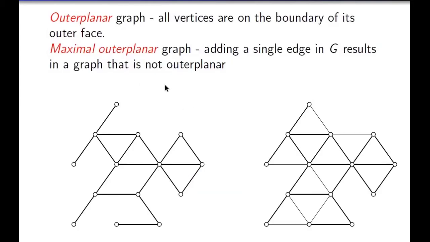On this slide, we have an example of an outerplanar graph and a maximal outerplanar graph. A graph is outerplanar if it has a crossing-free embedding in the plane such that all vertices are on the boundary of its outer face. If the addition of a single edge to G results in a graph that is not outerplanar, then G is called a maximal outerplanar graph.